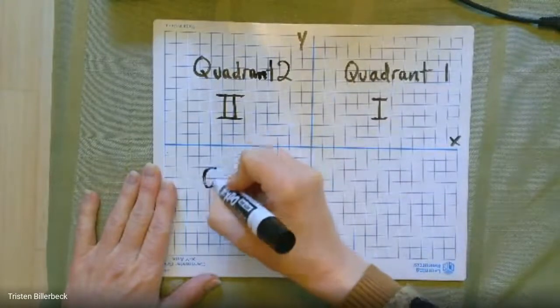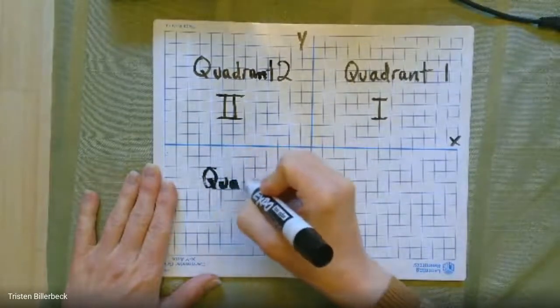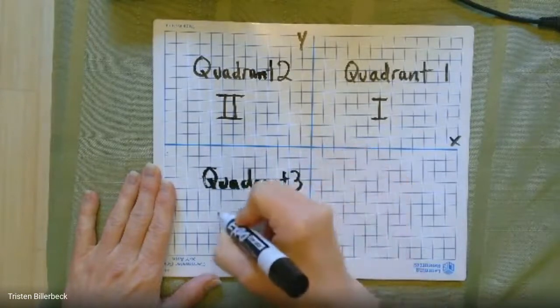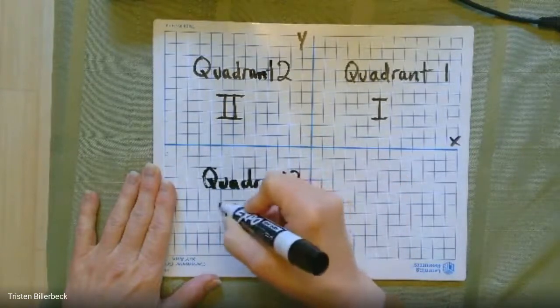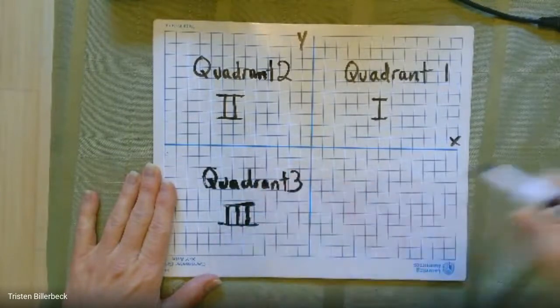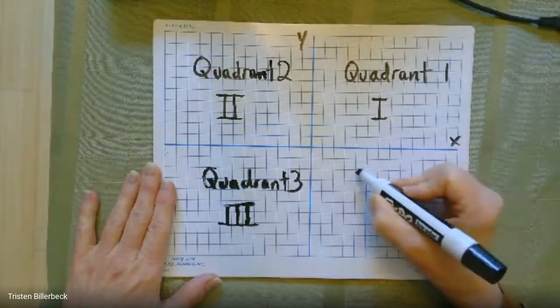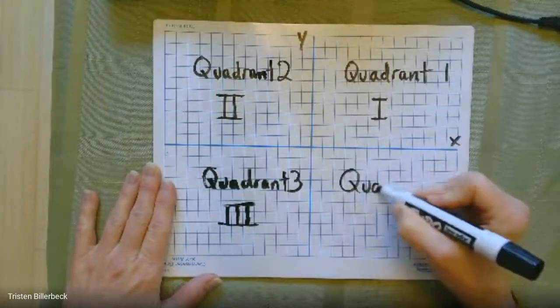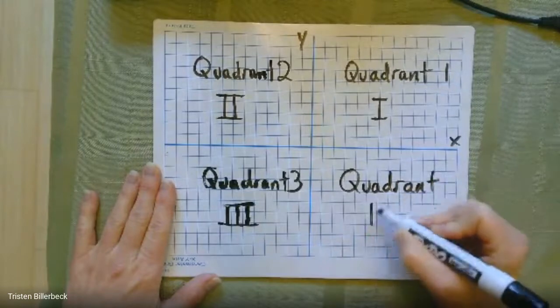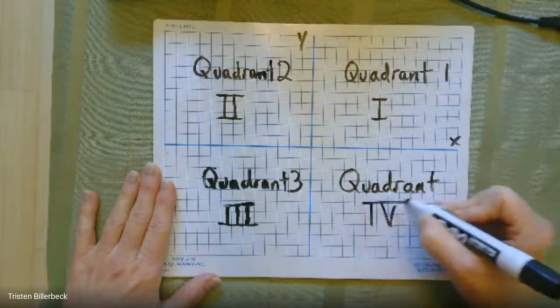This one's quadrant 3, denoted with III. You guys should be good at this with all your Latin. And then quadrant 4 is IV.